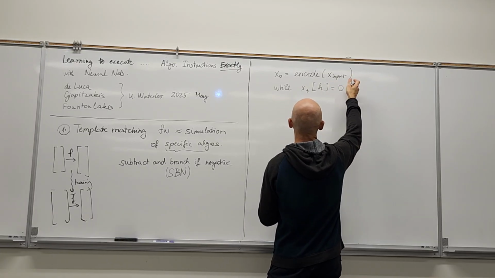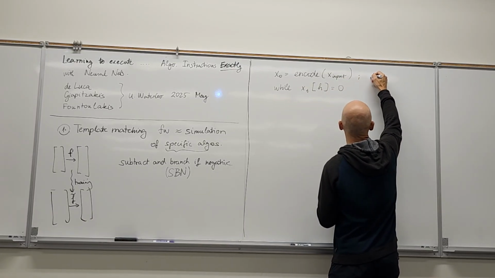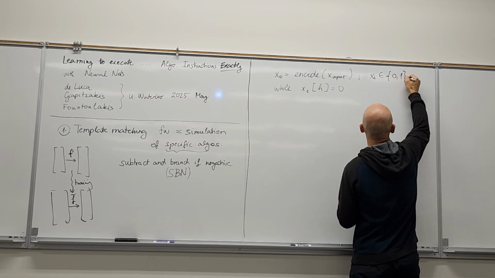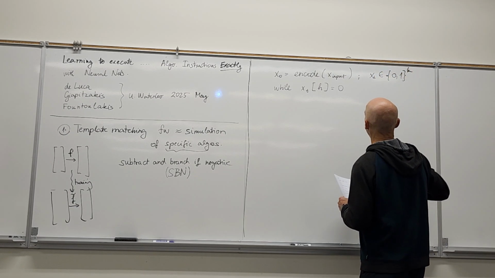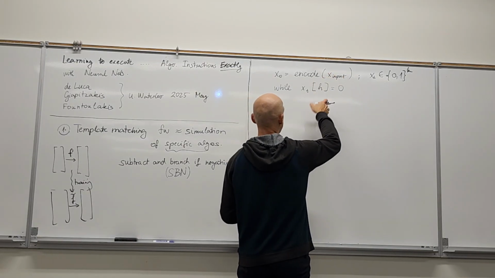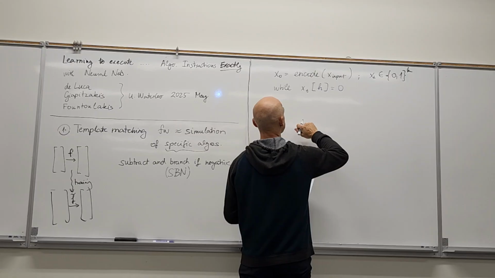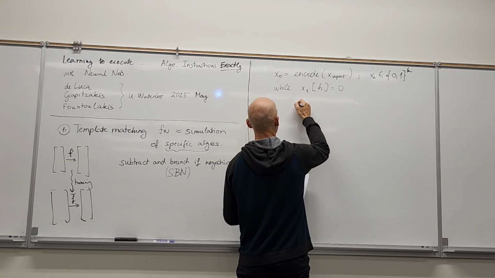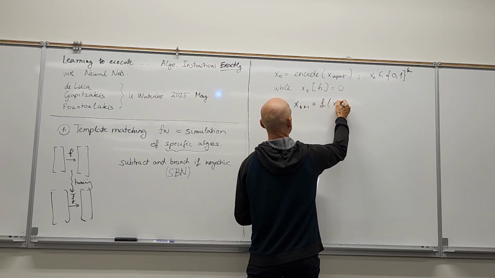All of these x_t vectors have k bits, they are binary, and h is a specific bit address, and while that bit is 0, you're doing your iteration.